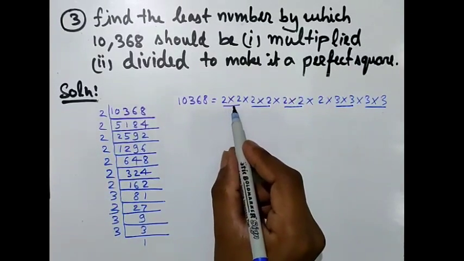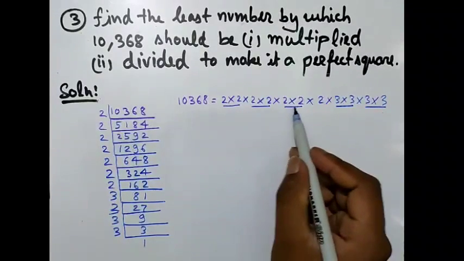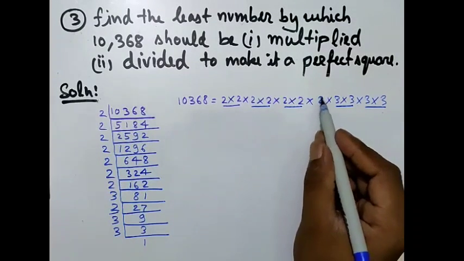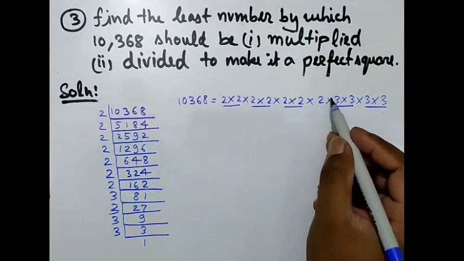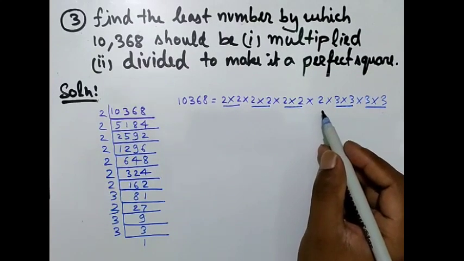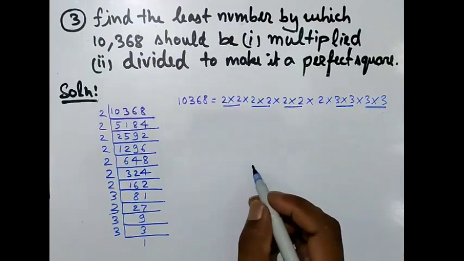Now if you see the pairs which we use to find the square root, here one 2 is left alone, there is no pair for it. So if I multiply another 2 with this 2, then only it will form a pair, right? So the number to be multiplied will be 2.